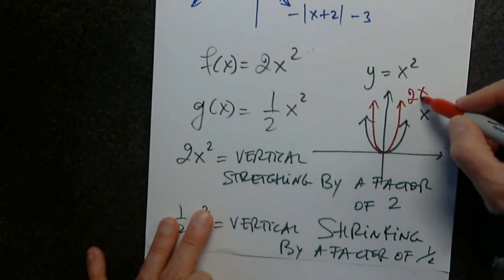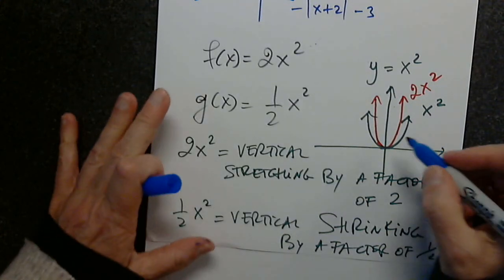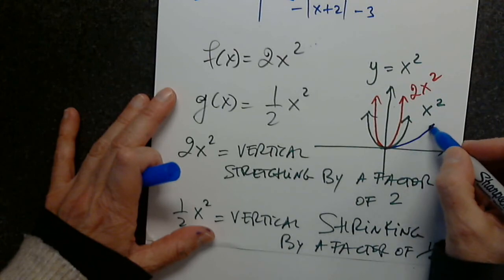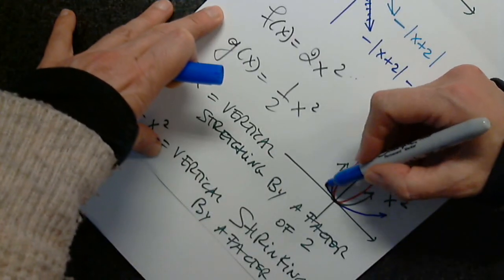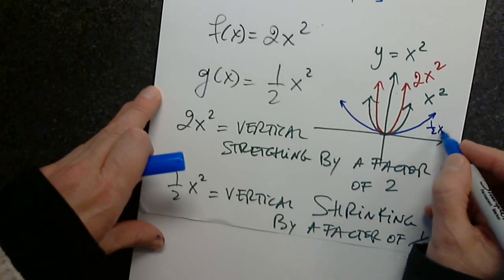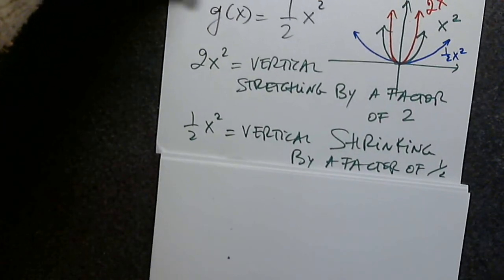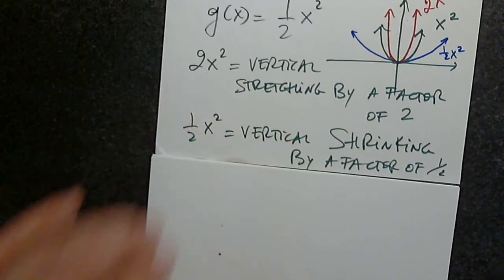So this is twice x squared. Great. Thank you. Sorry about that.